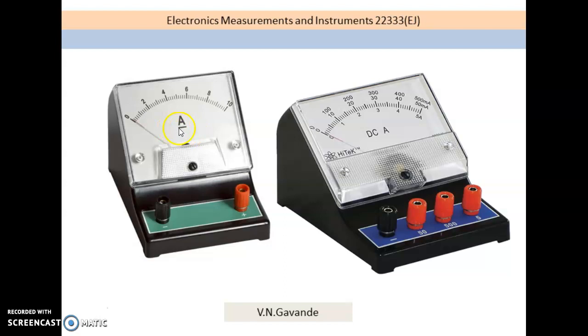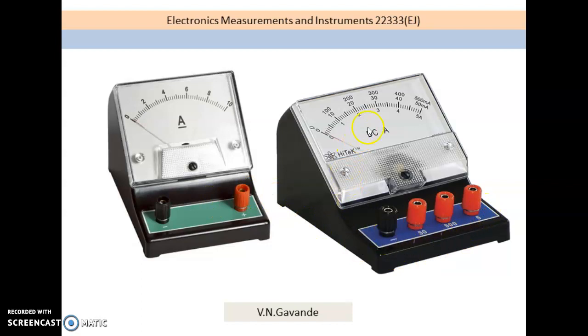Because of this symbol, under this A there is a line, so we say that this is a DC ammeter. Also, we recognize it because of the positive and negative sockets or pins, and this is a 0 to 10 single range DC ammeter.